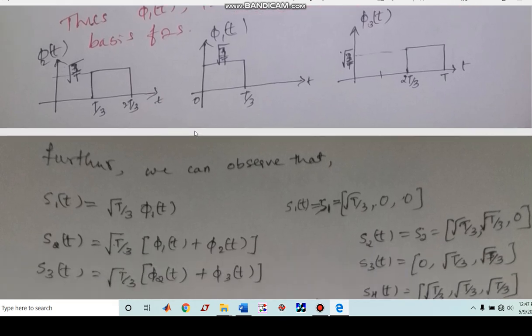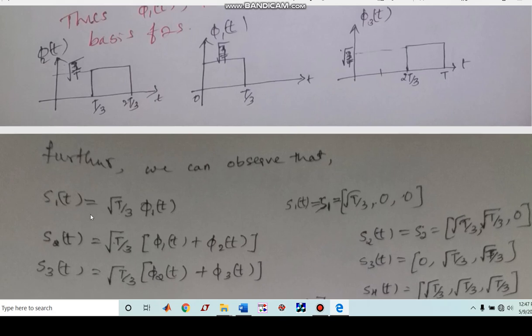How can we represent them? See, this is similar to our S1 of t except the amplitude level, which is 1. If we multiply this quantity by square root of t by 3, the square roots of 3 by t and t by 3 cancel, and you will get 1 for the interval 0 to t by 3.